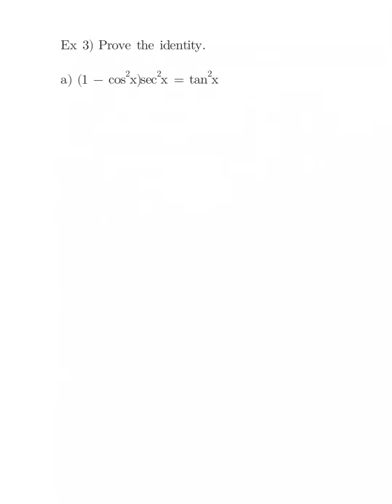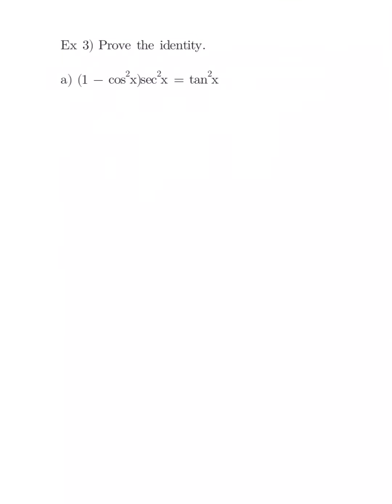When you are proving an identity, you are trying to show that you can make one side equal to the other side. Generally, we want to work on the more complicated side and try to make it equal the simpler side. And in looking at this one, the left side is clearly the more complicated side. So I'm going to look at this left side and see what I notice.